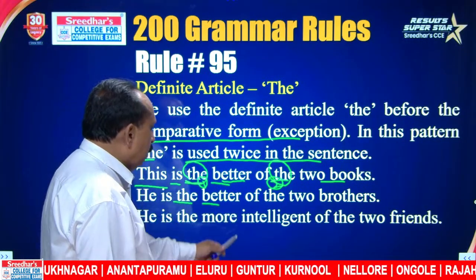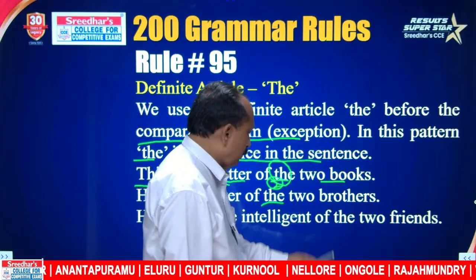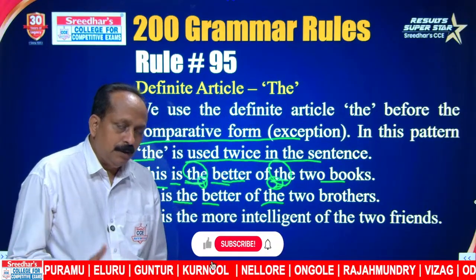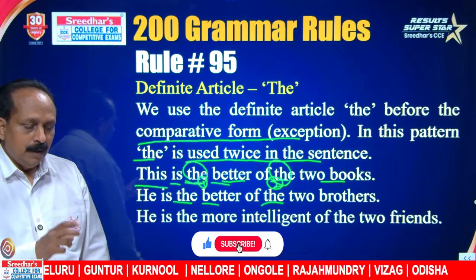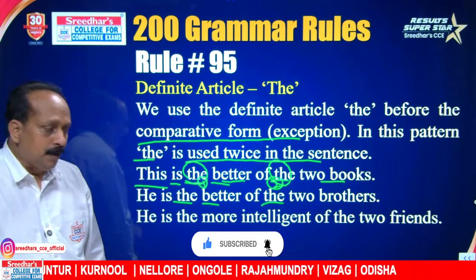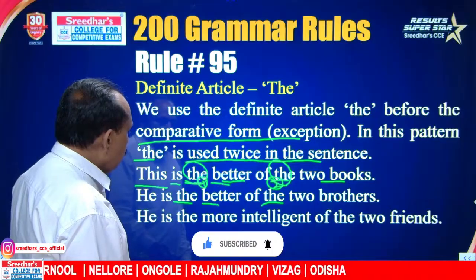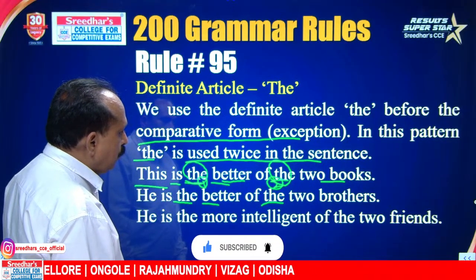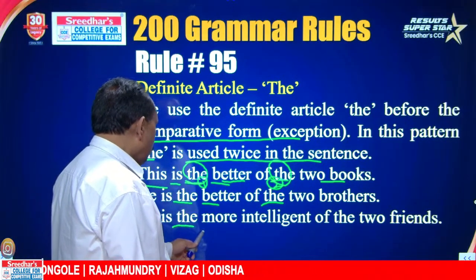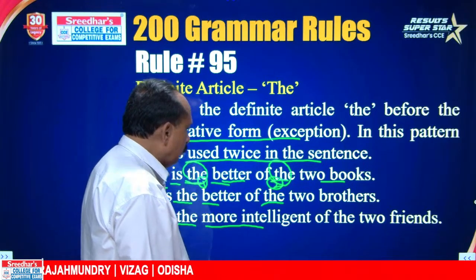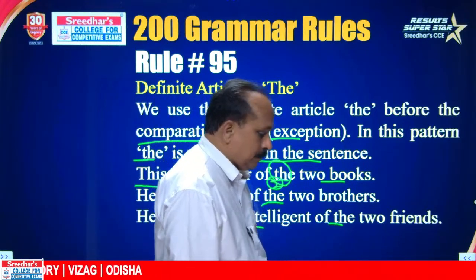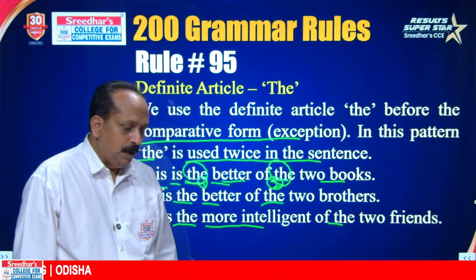He is the better of the two brothers. The better of the two. The two times and the adjective in the comparative form. He is the more intelligent of the two friends. More intelligent, comparative form, of the two friends. This is an important rule you have to remember.